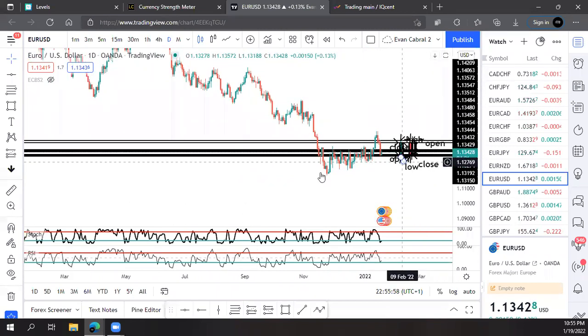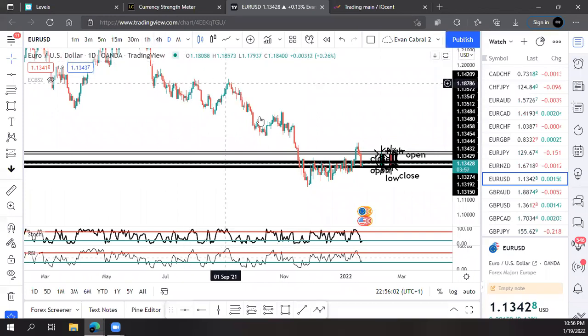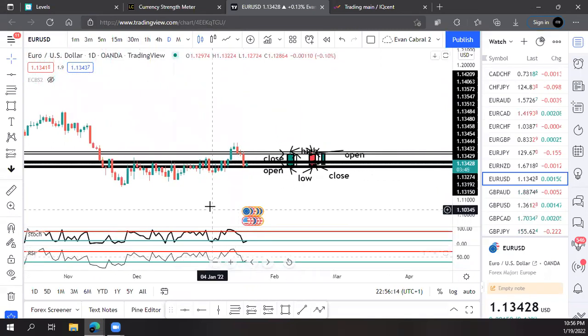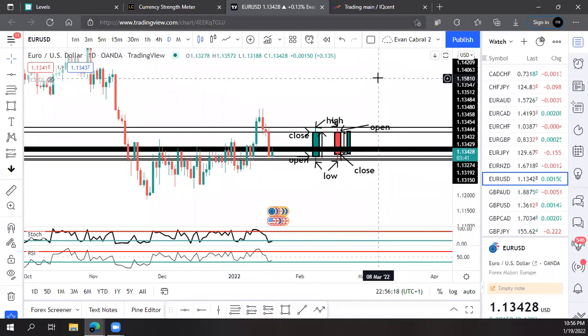So there are two ways to do this. You want to consider the overall trend of USD, looking from the daily time frame. Okay, it was a downtrend. So most people consider taking only sales on Euro USD. They only want to see USD stronger than Euro so that they can keep selling.